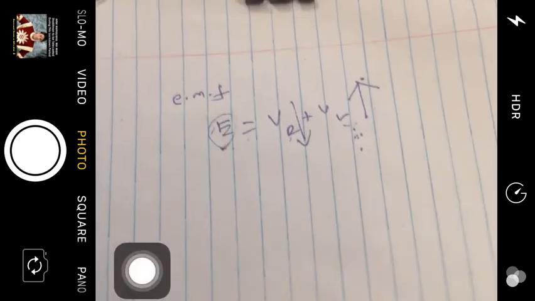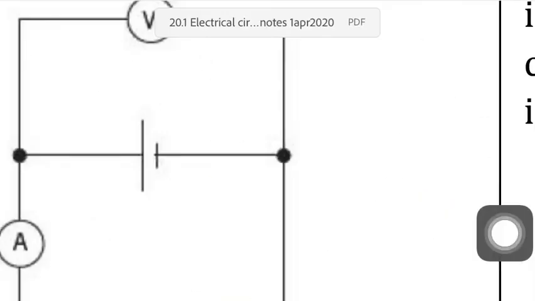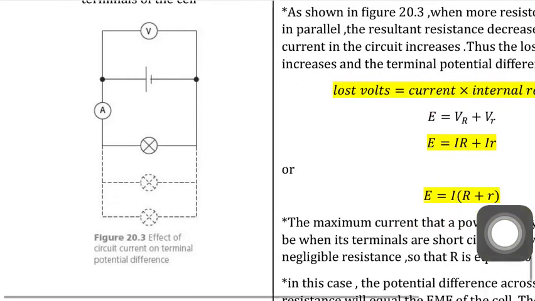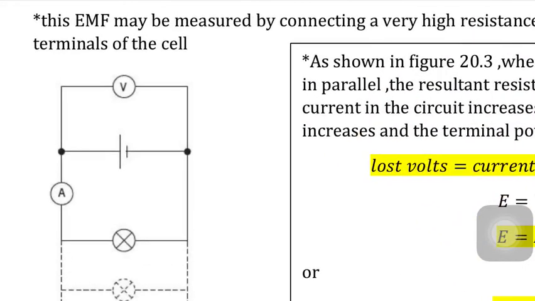So when you connect more and more in parallel, this terminal potential difference, the voltage measured by the voltmeter, starts decreasing.